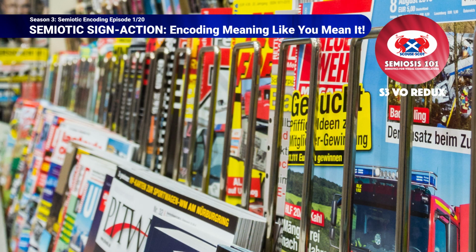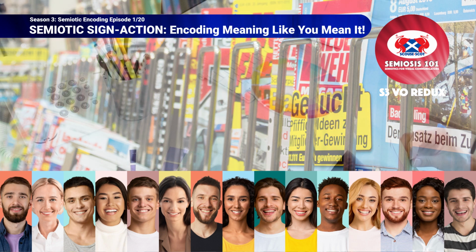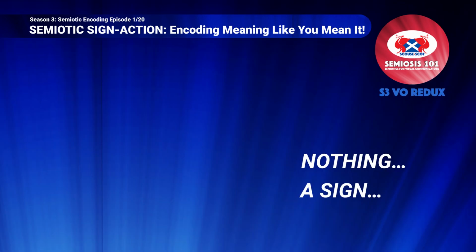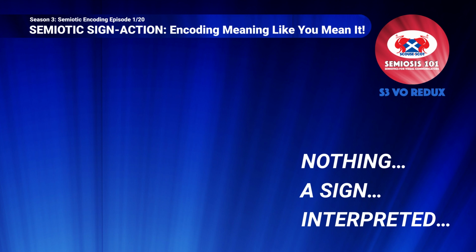This is good news for us in the creative industries and for learning to apply Peirce's semiosis, as what we do in visual communication design in our designs and illustrations is easier by bringing the audience closer to your ideation phase. So let us look at the three unpacked words again with this understanding now in place. Nothing, sign, interpreted.